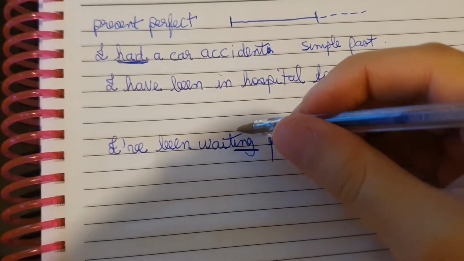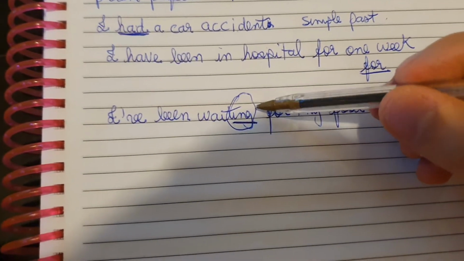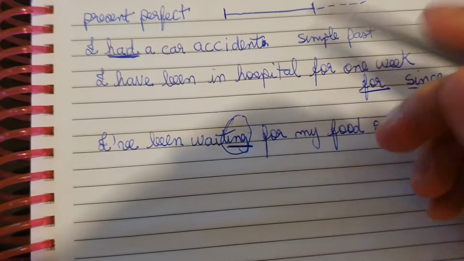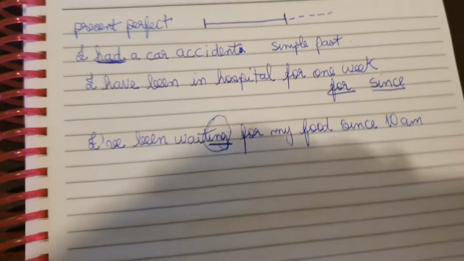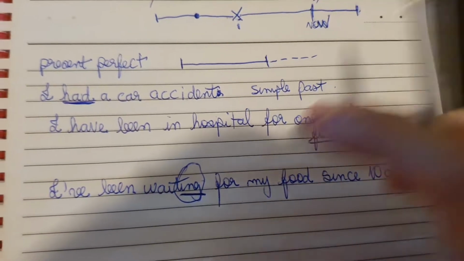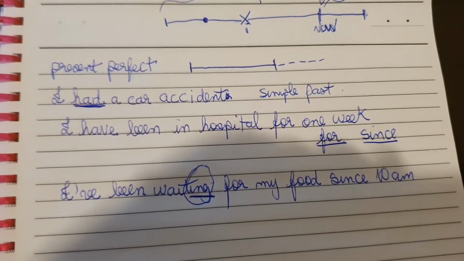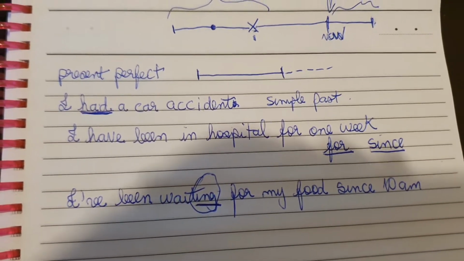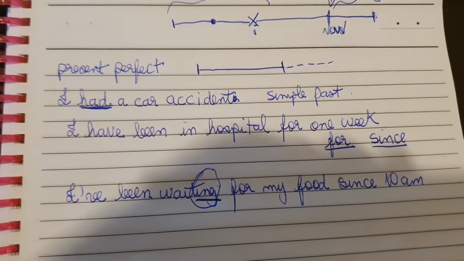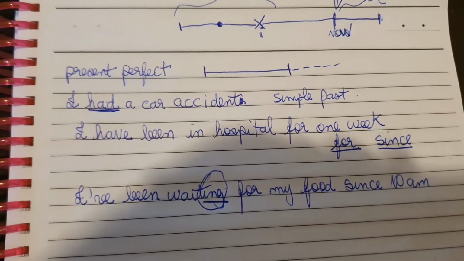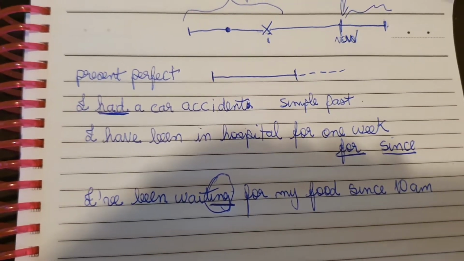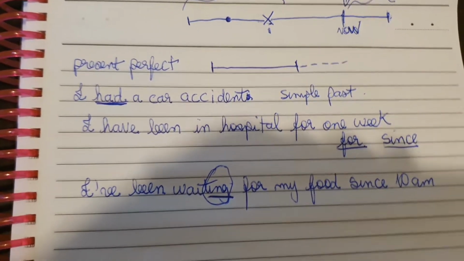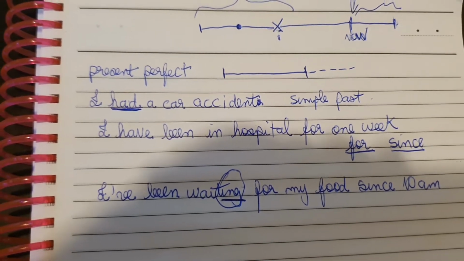But in this situation, you want to emphasize the continuity of this action. So in some situations, it's interchangeable. You can use either the present perfect continuous or the present perfect tense. But pay attention to the sentence, to the idea you want to express, because it's never as easy as it seems, right?